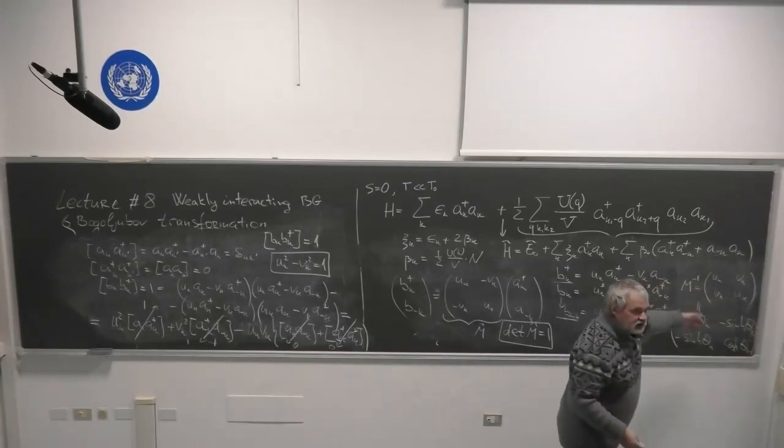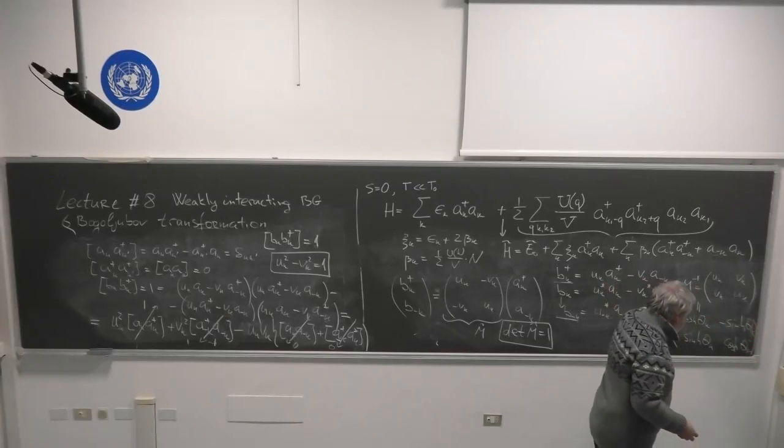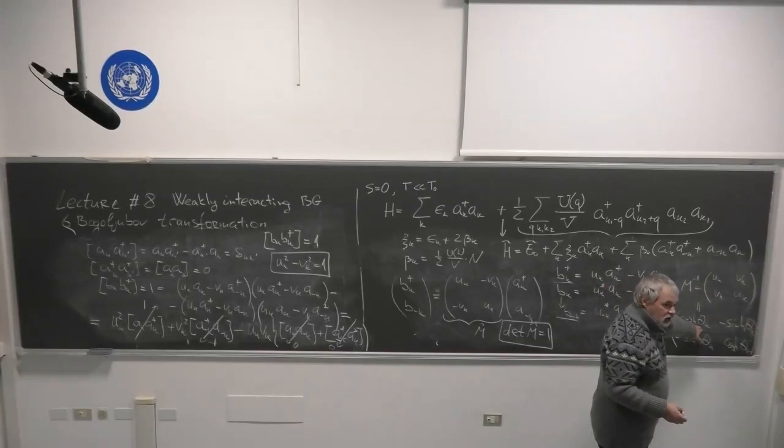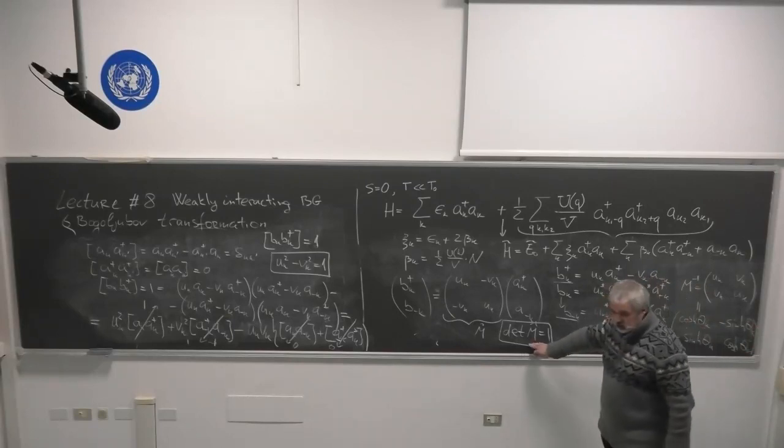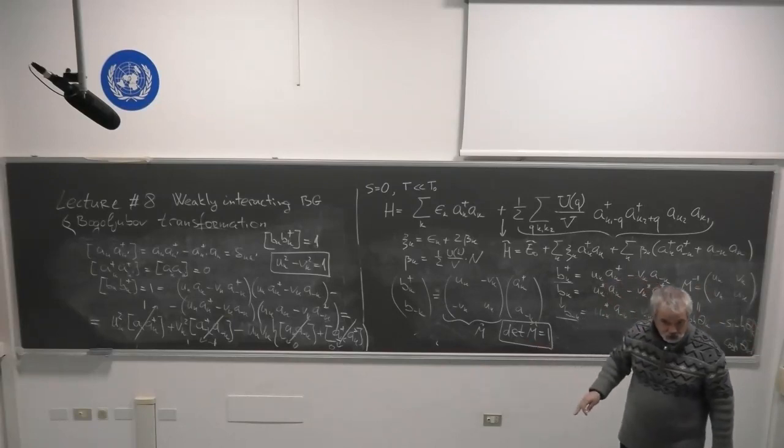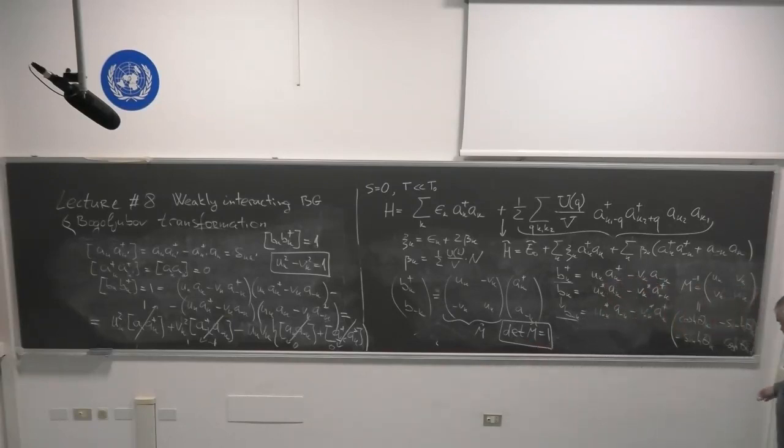So this is yet another reparametrization of my matrix, where instead of coefficients u and v, I use a single function theta k. However, the condition that the determinant of M is equal to 1 is immediately satisfied because cosh squared minus sinh squared is equal to 1, where cosh and sinh are hyperbolic cosine and sine.